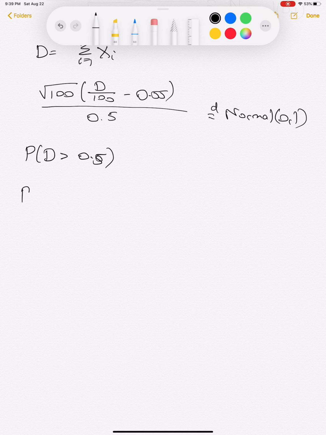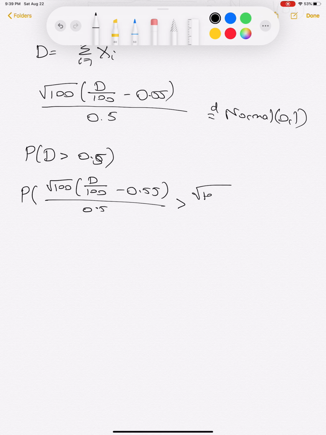And so whatever we do on one side, we have to do on the other. That's one of the fundamental rules of math.